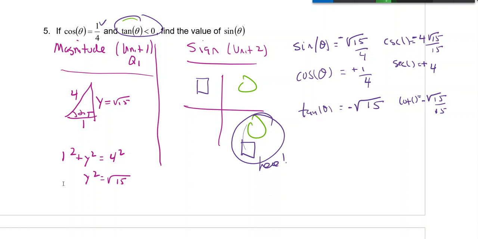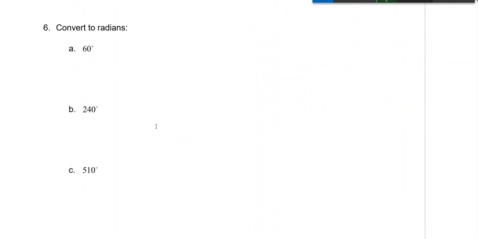All right, and moving on. Number 6. Convert to radians. So what you want to think about here in your mind's eye is a circle with radius 1. The circumference of this thing is 2 pi r, which is 2 pi times 1, since the radius is 1.